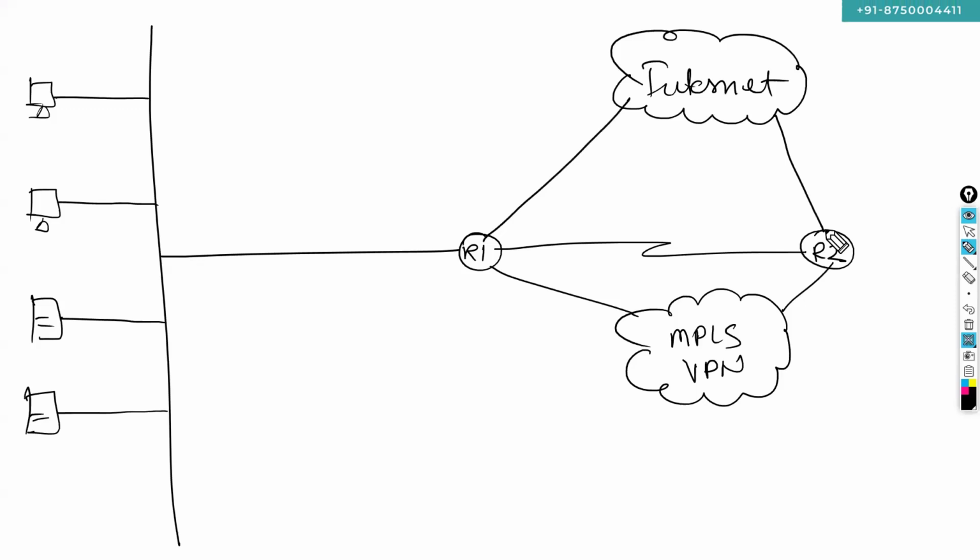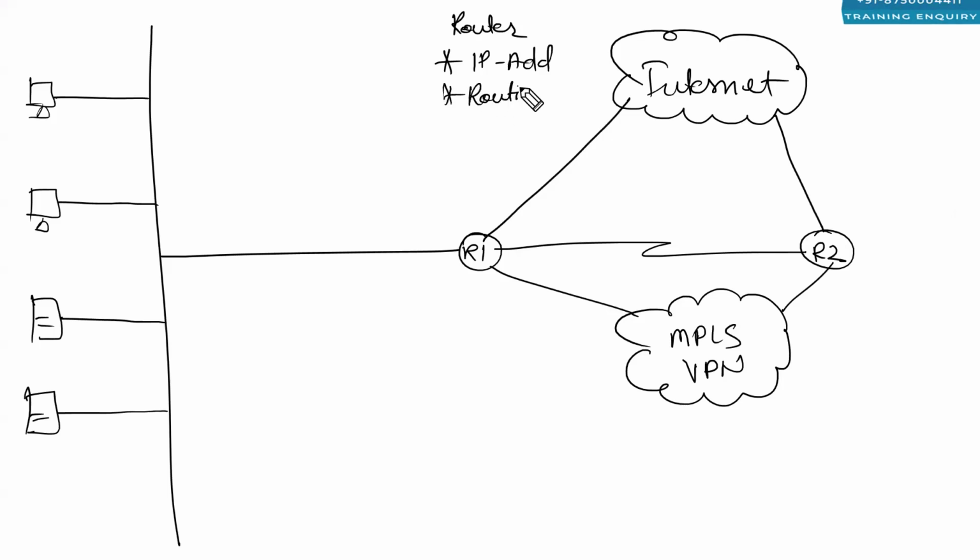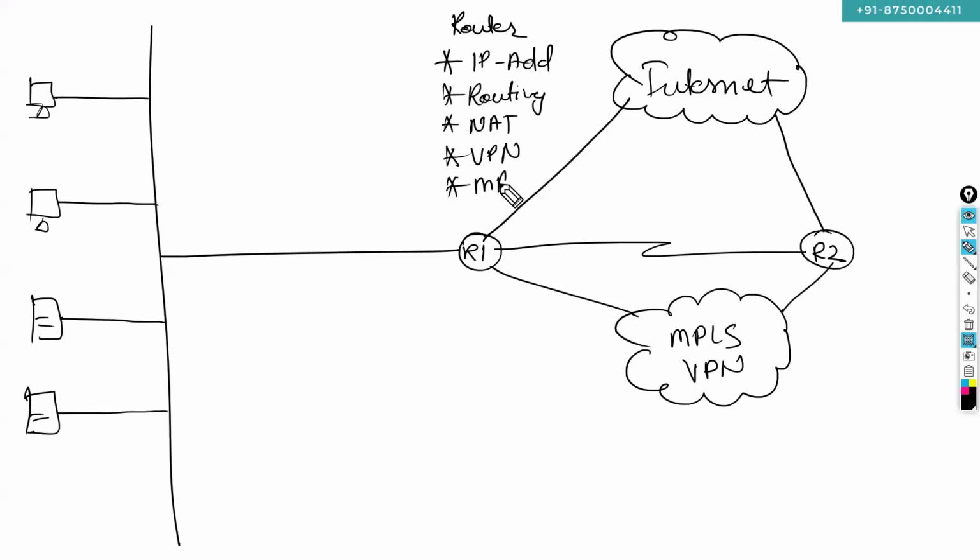Now, in a scenario like this, at the edge of the network you have deployed a router. At this router we will configure IP addressing, routing, NAT, VPN, and also MPLS. So this configuration we have to configure at this router, then they can communicate.